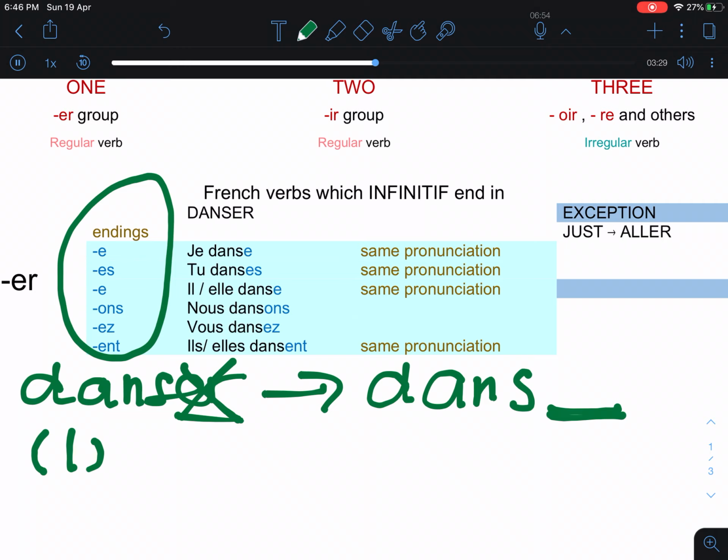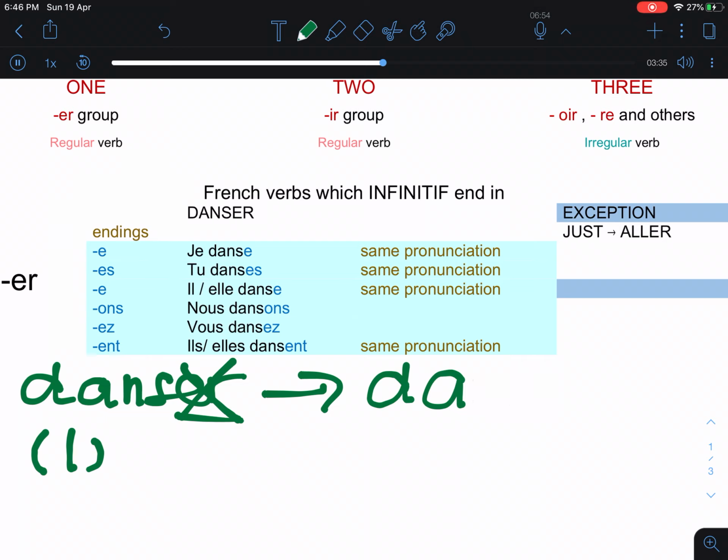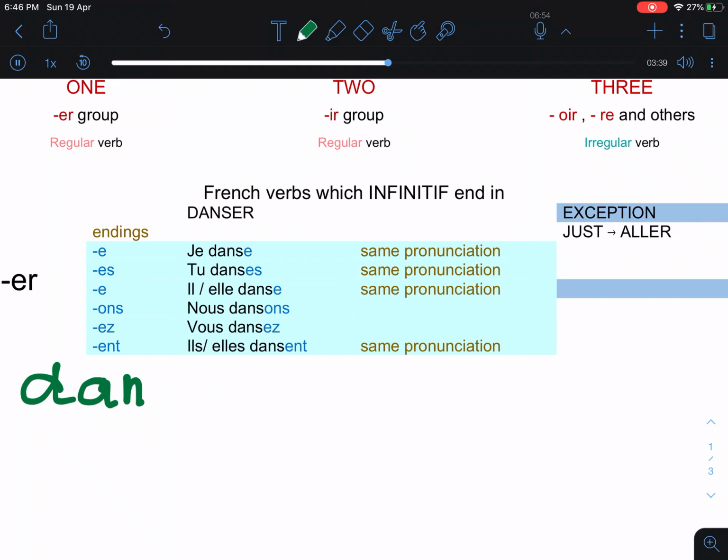These endings that we have just seen are the endings or pattern for present tense for the first group which ends with ER. But you are going to ask, what is the present tense here? Well, basically, we just learned how to say I dance. This is what we are doing at the moment.